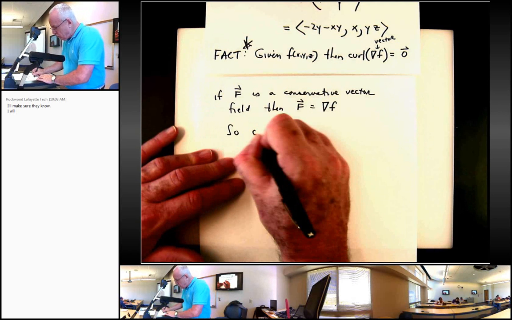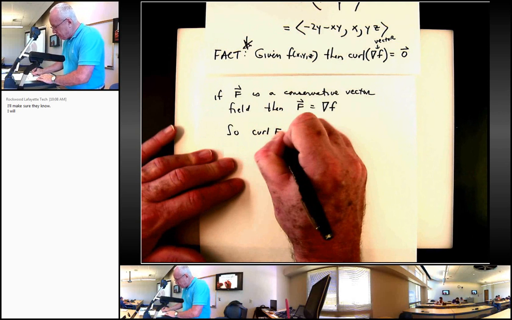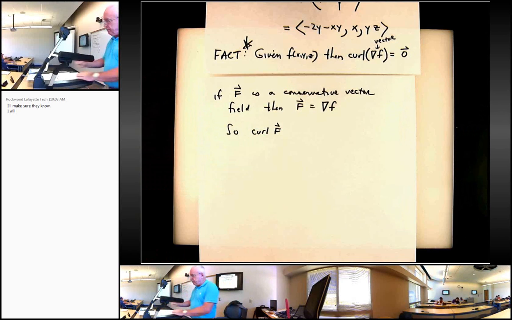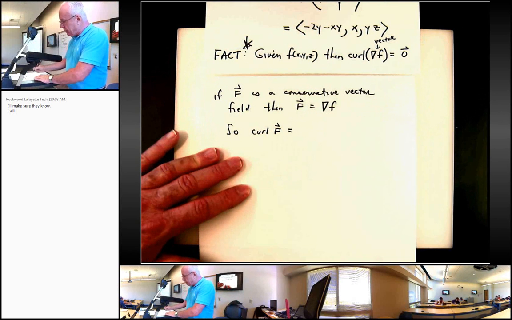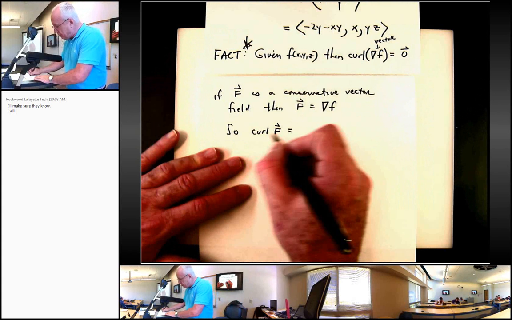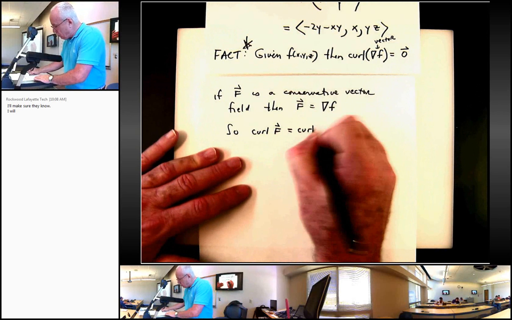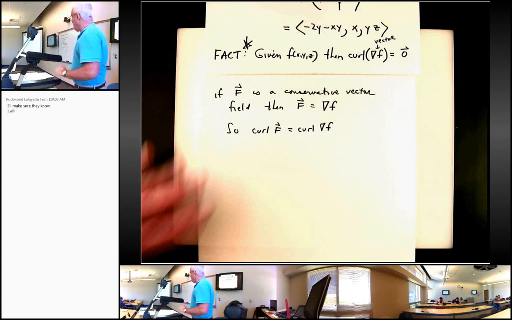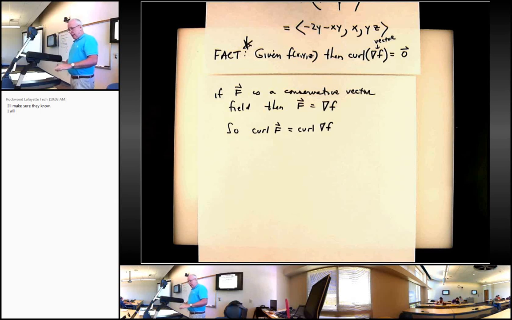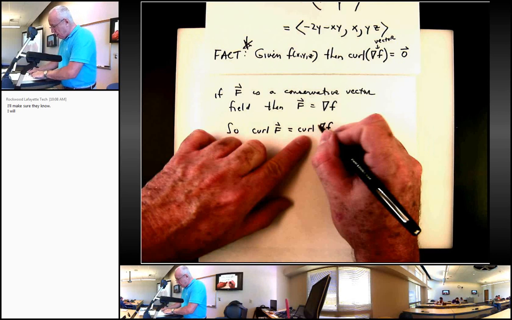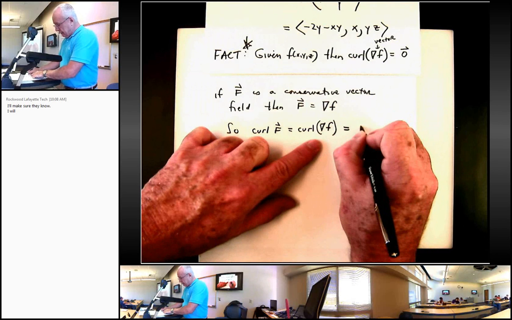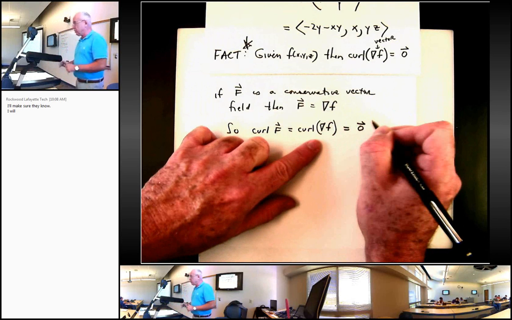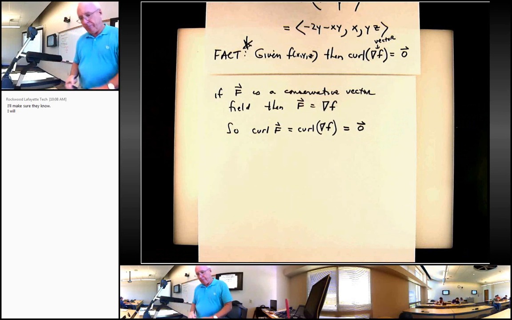So the curl of this conservative vector field, well, if capital F is equal to the gradient, therefore the curl of capital F will equal the curl of the gradient of the small f. And from the fact we just talked about, the curl of a gradient is equal to the 0 function. Okay.